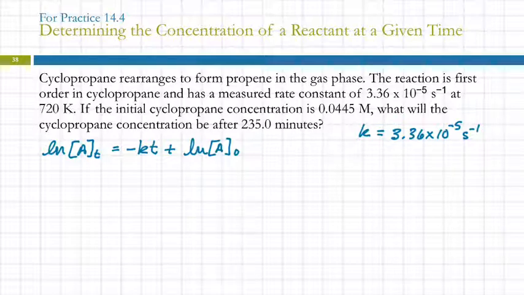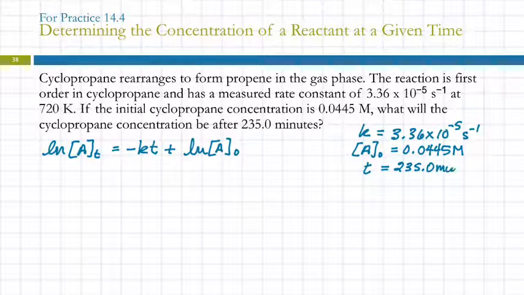Initial concentration is given. That's 0.0445 moles per liter. And we've got a time, t equals 235.0 minutes. So we're trying to find the cyclopropane concentration, so that's this A of t, and we can plug these values in here. There's going to be a unit issue though. You see what it is? Minutes and seconds, right?